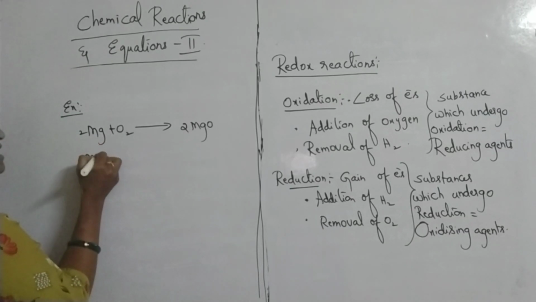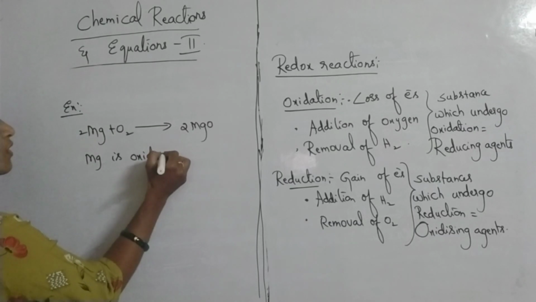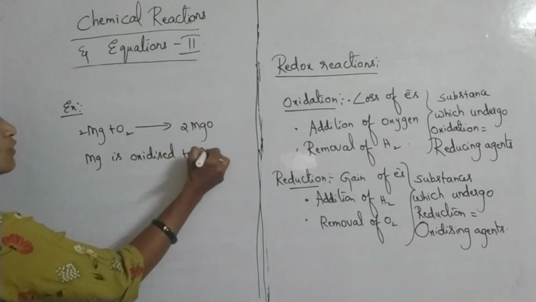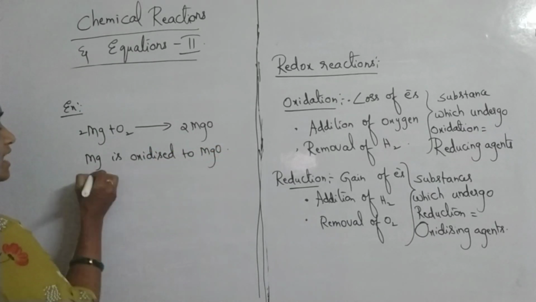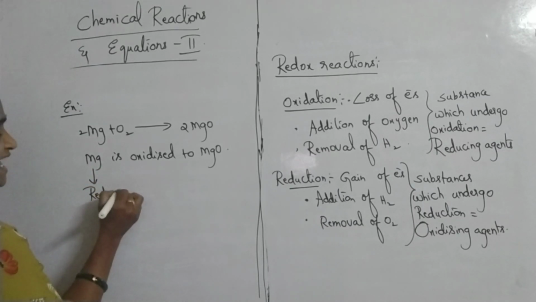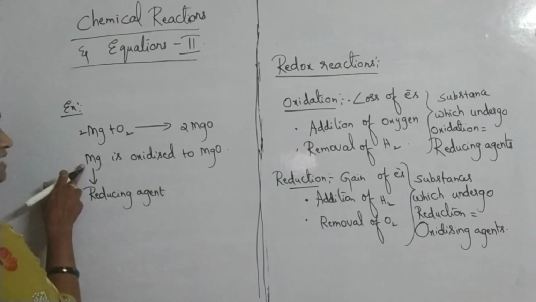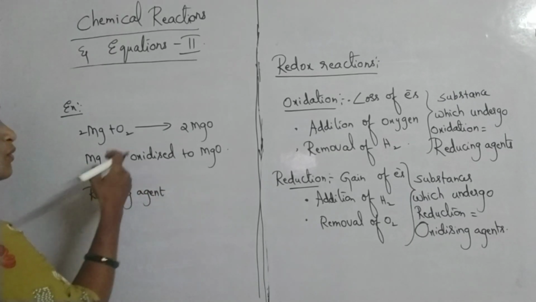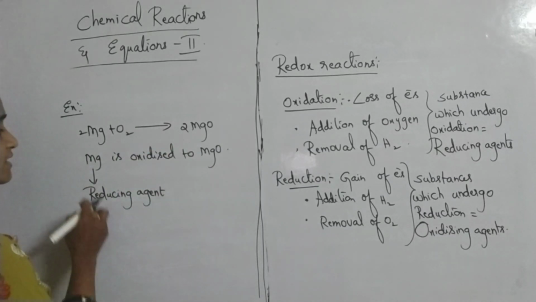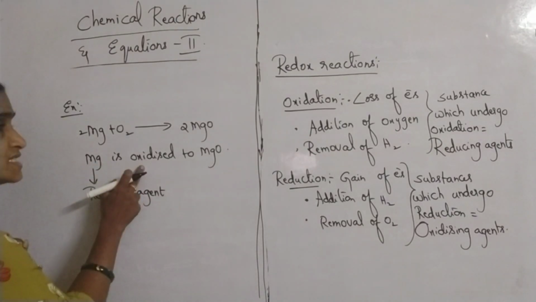Magnesium is oxidized to MgO. Please understand the point carefully. Here what is oxidized? Magnesium is oxidized to magnesium oxide.